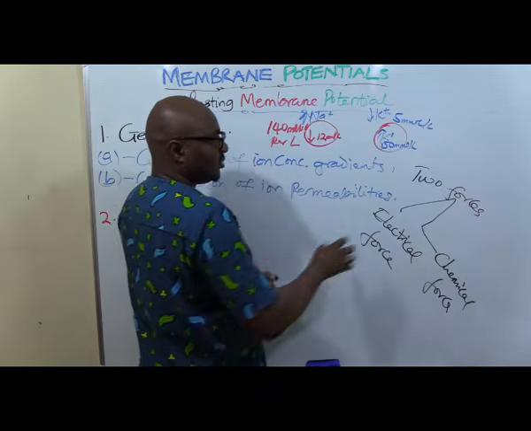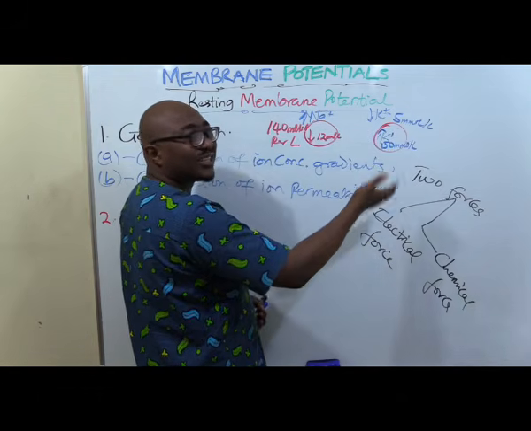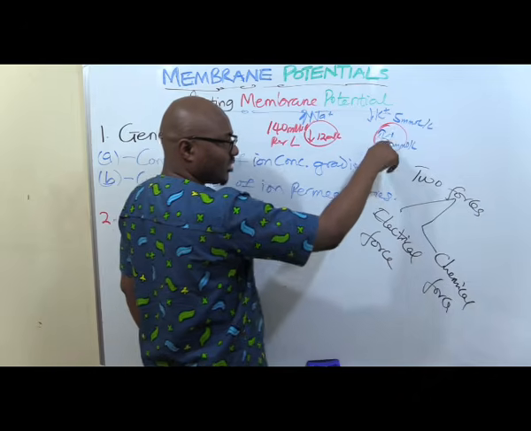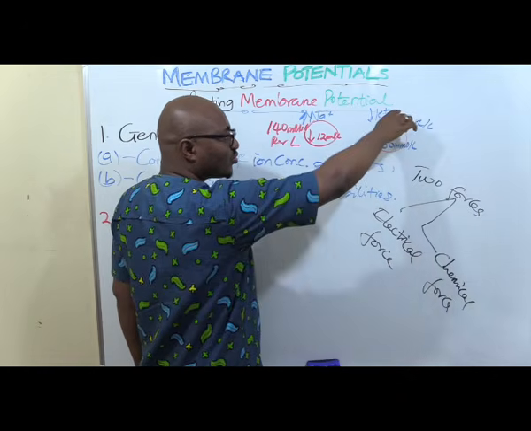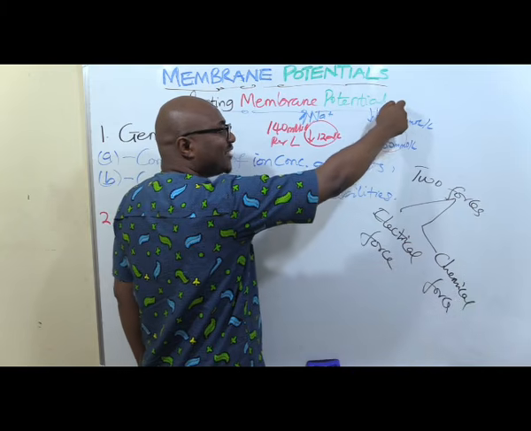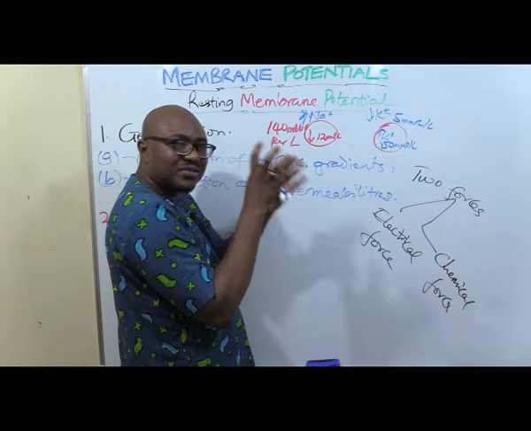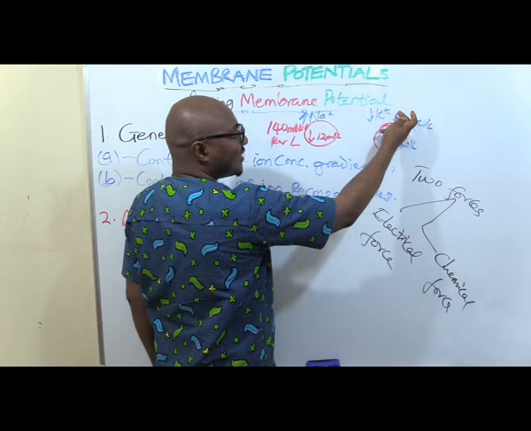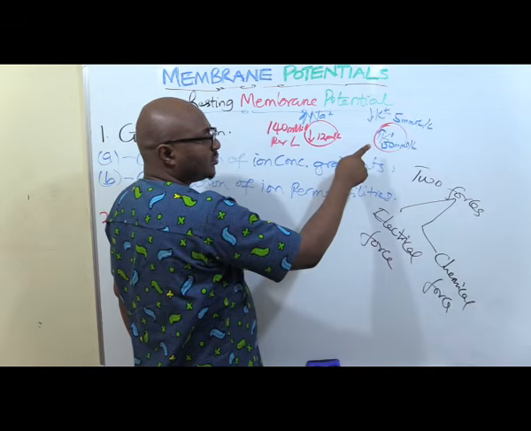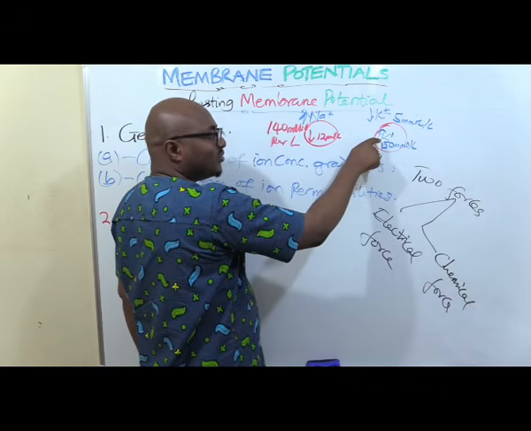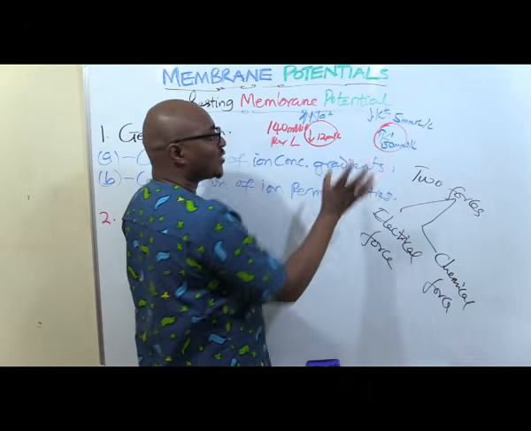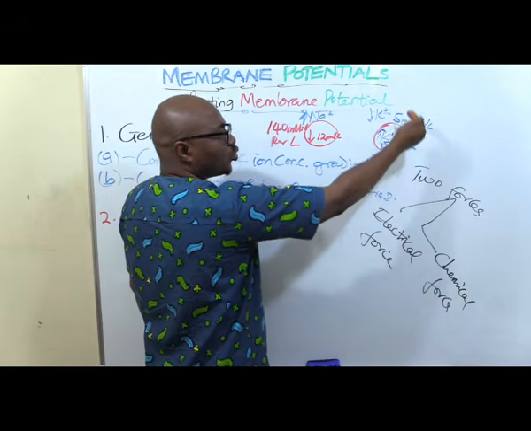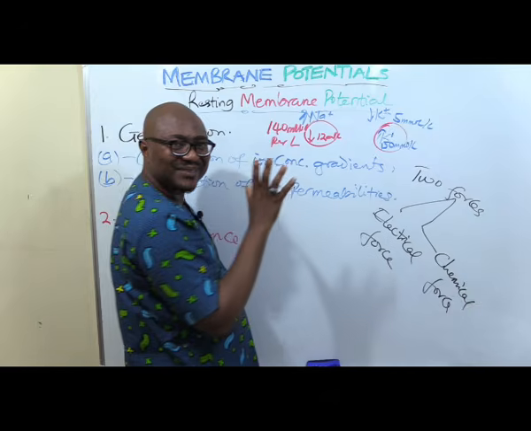So you have the chemical gradient, also known as the concentration gradient, that is trying to push potassium from inside out, because it's higher here. As it's going out, it is increasing the electrical positivity outside. And you know that positive charges repel each other. So as more positive is going outside, it resists further movement. As more and more positive is going out, it will get to a point where the positive outside is high enough to stop further movement of potassium.